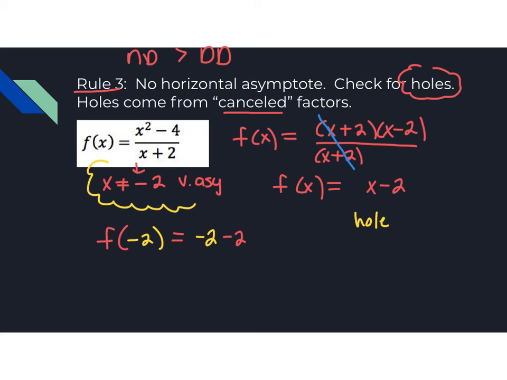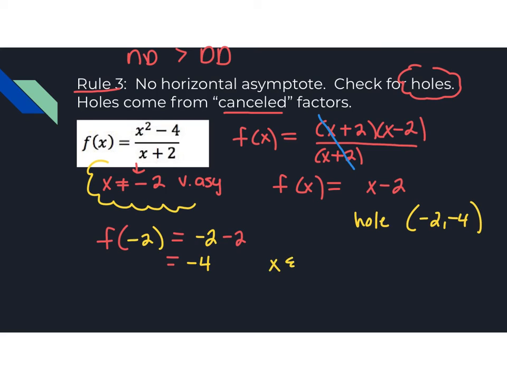So I'm just putting that -2 into x for that linear function, and out comes -4. So that's going to give me the location of the hole. This rational function will look like a linear function with a hole at -2, -4.